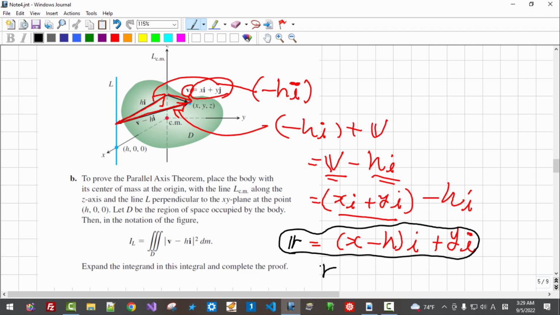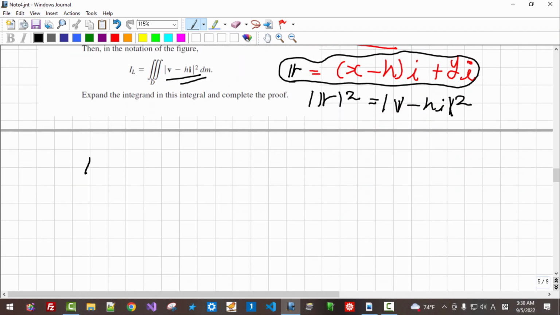So the magnitude of r squared is this vector v minus h i squared. Now integrate over D, this integrand.